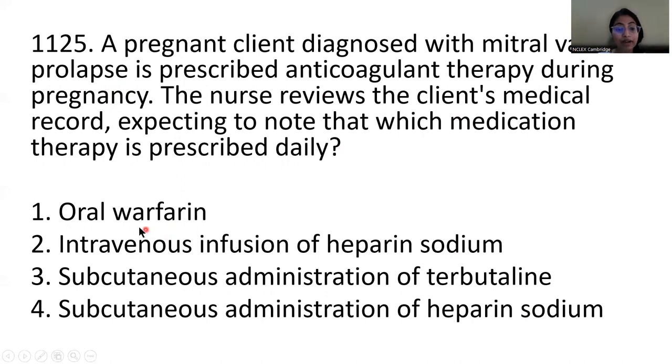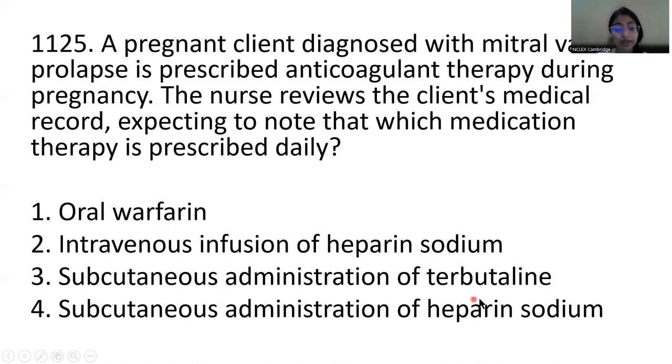Warfarin crosses the placenta, so it is unsafe to give. Talking about IV infusion of heparin sodium, infusion cannot be given to the pregnant lady because infusion is only given if the amount of drug is large. So it is also not a correct option.